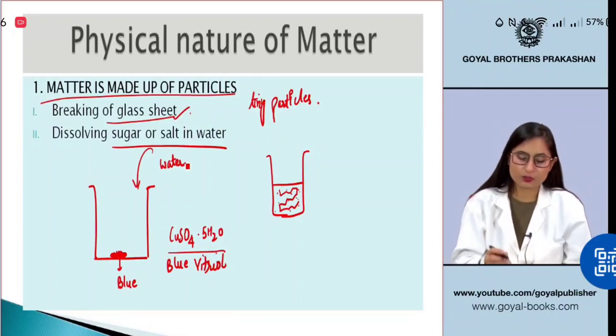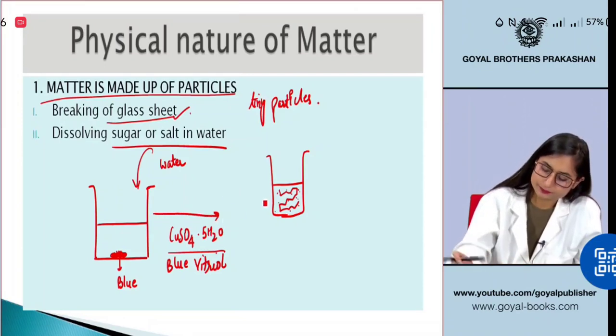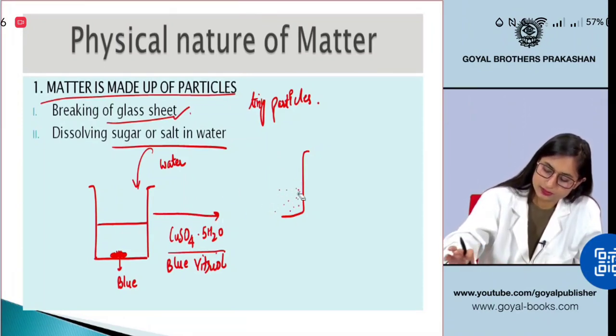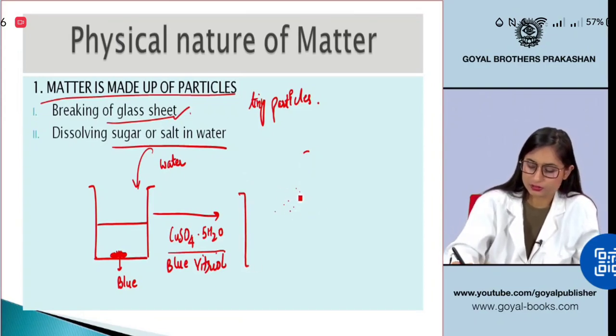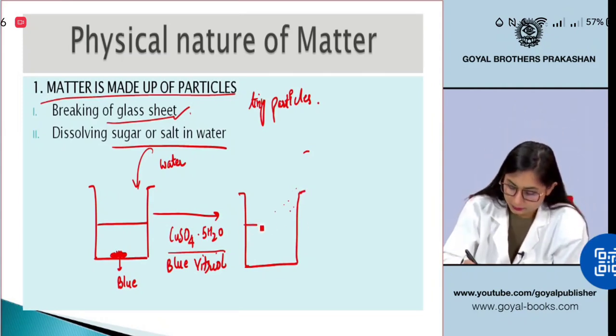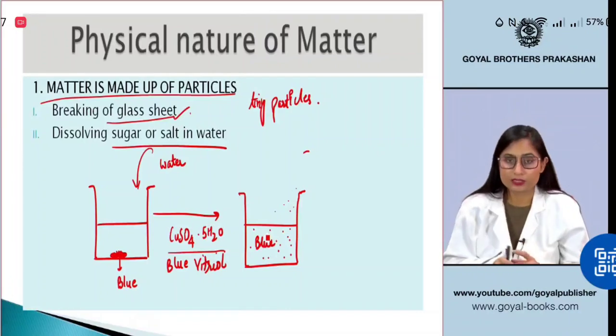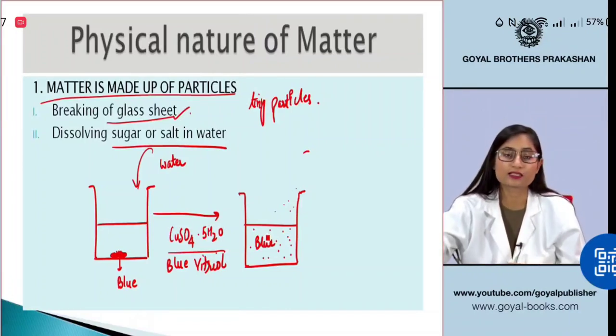Let us discuss in detail what happens after you add water. You have the solution again, and now this whole solution will turn blue. What does this prove to you? What can you observe after you see that the solution has turned blue completely?